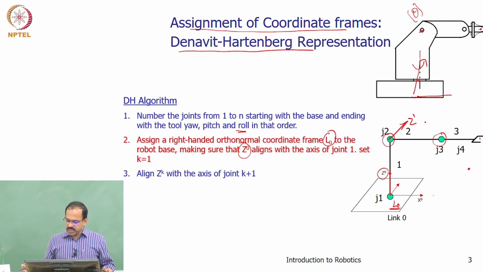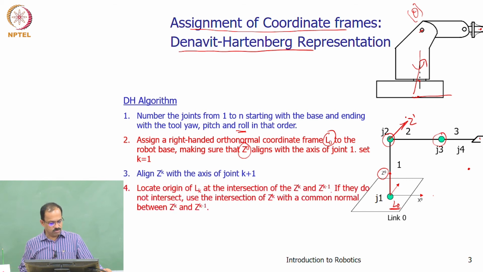So to get the origin, what we do is we try to find out where this Z0 and Z1 are intersecting, where Z0 is intersecting with Z1, and that will be the origin of the next coordinate frame. Okay, so locate Lk. So now k is equal to 1. So locate L1 at the intersection of Zk and Zk minus 1. Okay, so Zk and Zk minus 1 intersect at this point, and therefore your origin of L1 will be that point.